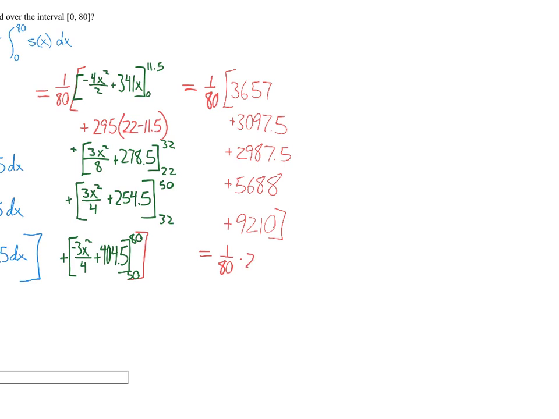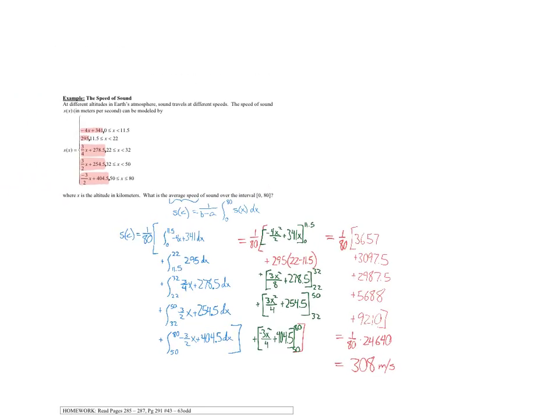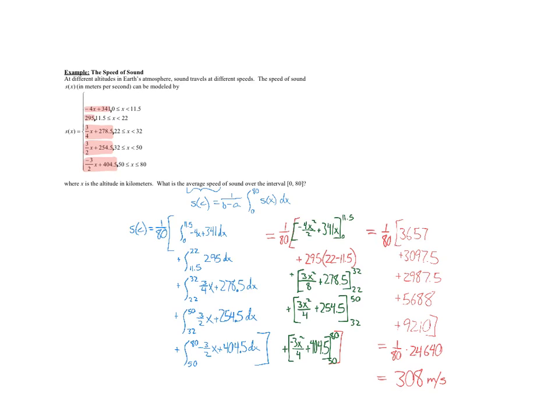So 24,640 divided by the 80. 308. So 308 meters per second, because this said that S was measured in meters per second.